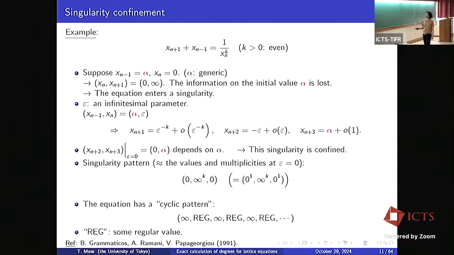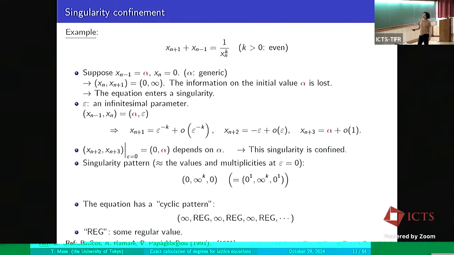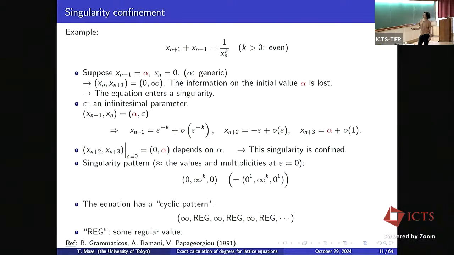The singularity pattern consists of the values and the multiplicities: 0 from here, infinity to the k from here, and 0 from here. And this is not a singularity anymore. So the singularity pattern of the singularity is this. And this is not a singularity, but the equation has another cyclic pattern.